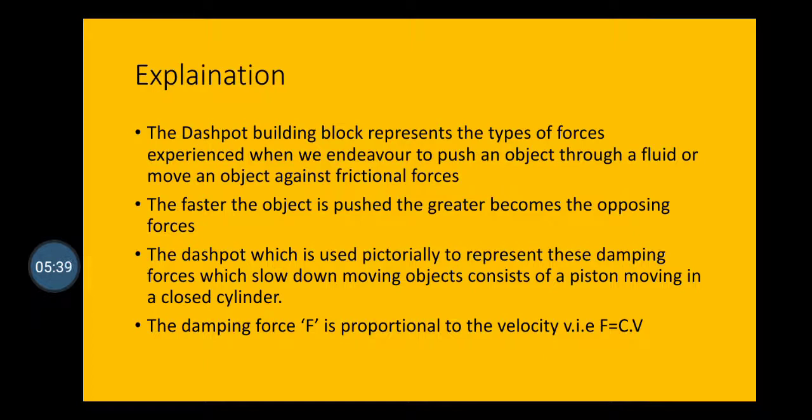The faster the object is pushed, the greater the opposing forces become. The dashpot, which is used pictorially to represent this damping force, which slows down moving objects, consists of a piston moving in a closed cylinder.